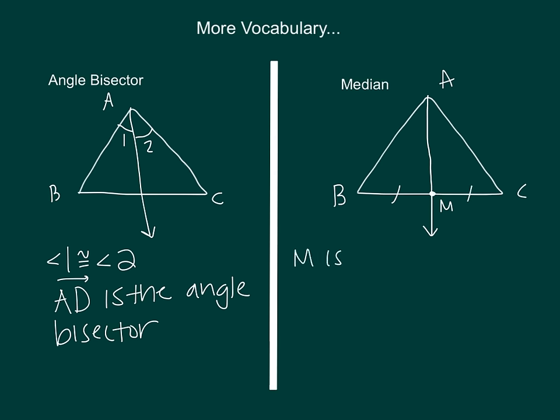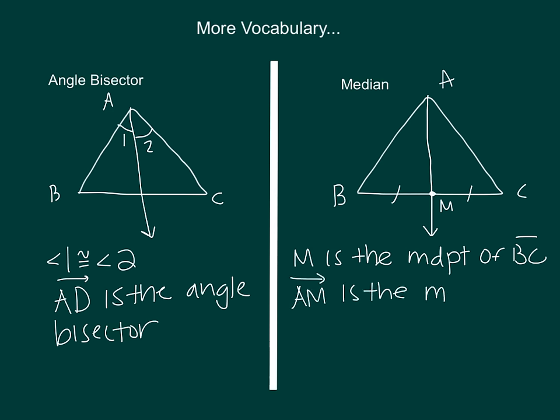So M is the midpoint of segment BC. That tells me that ray AM is the median from angle A to segment BC. It's generally not going to be the same as the angle bisector.